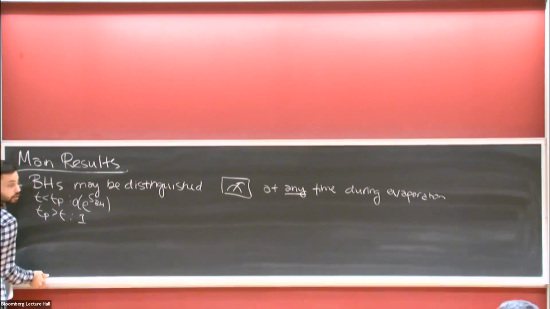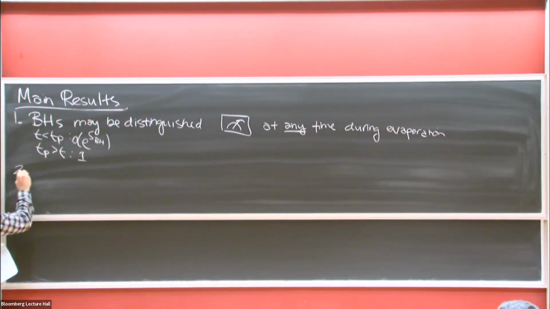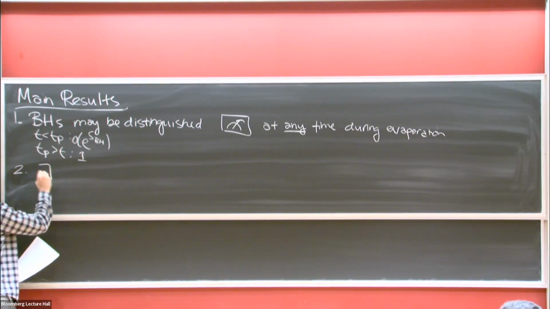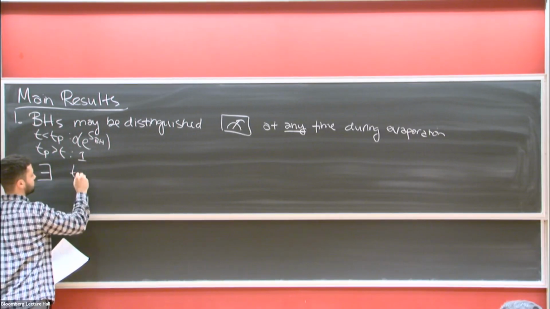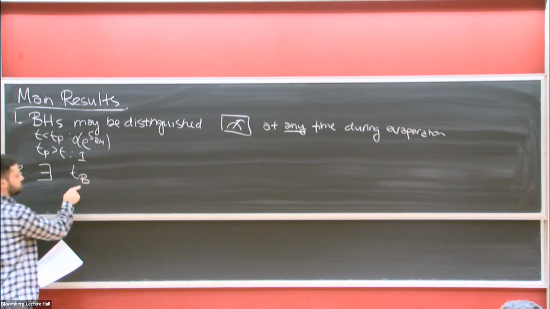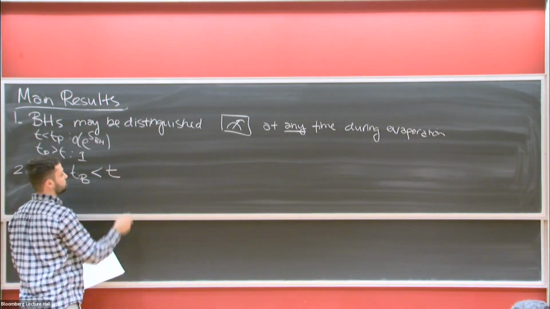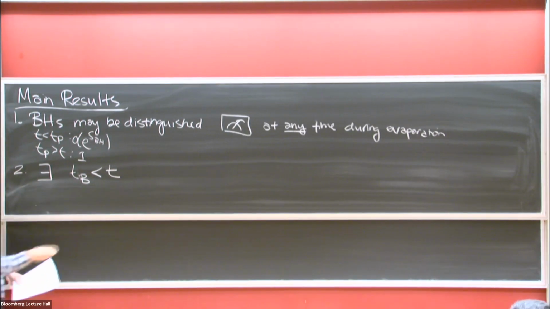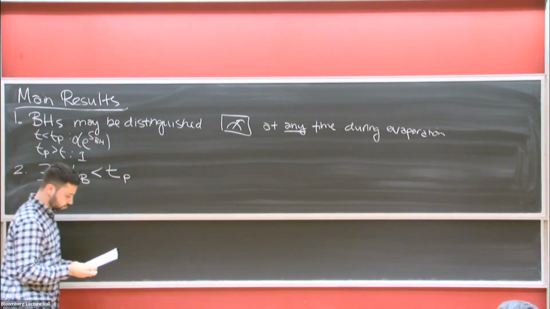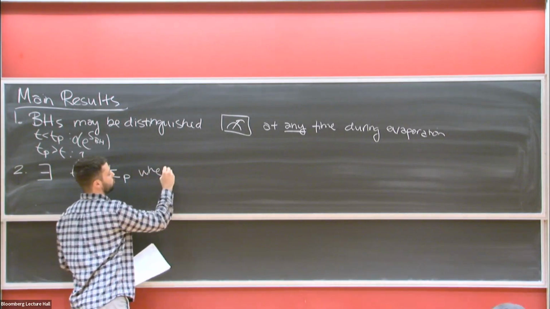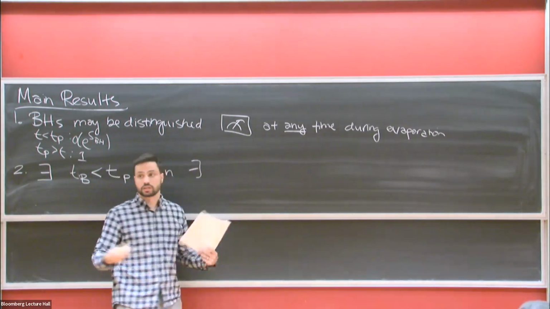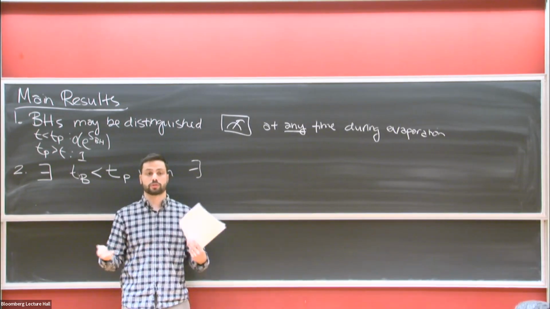The second part of my talk will not be about distinguishability, but about entanglement, more similar to this Page curve story. And I'm going to claim that there exists some time scale that I'll call t lowercase b that is less than the Page time, so something that happens before the Page time, when there exists significant quantum correlations within the radiation.